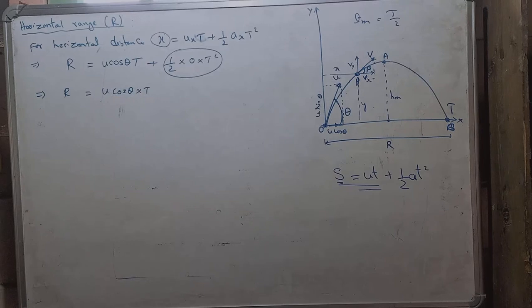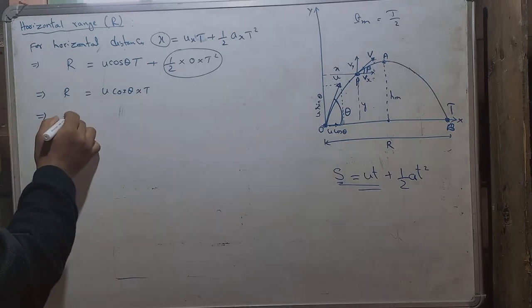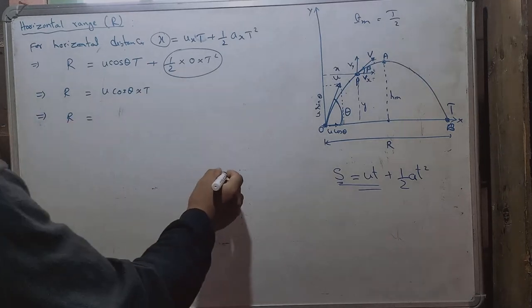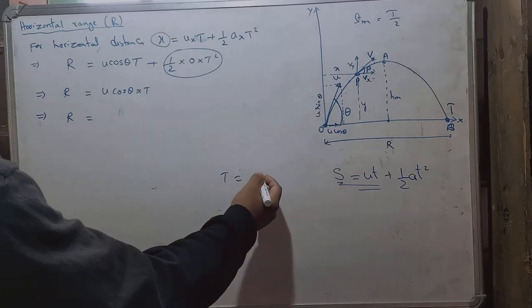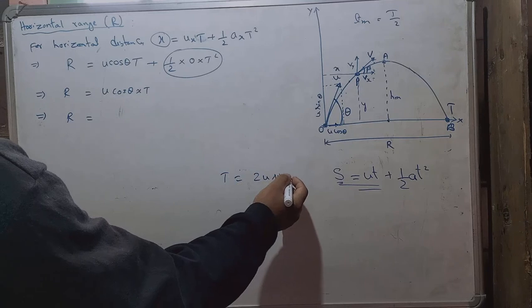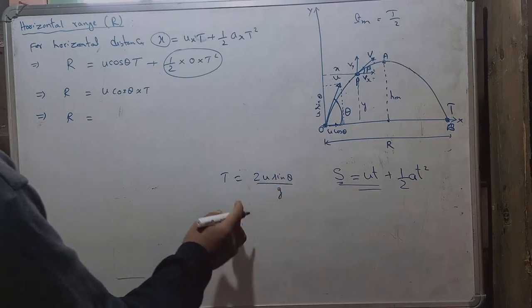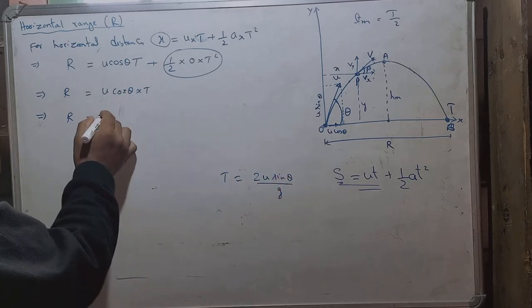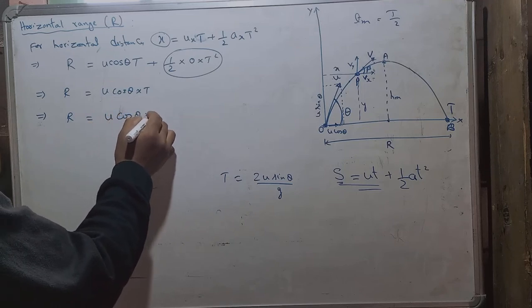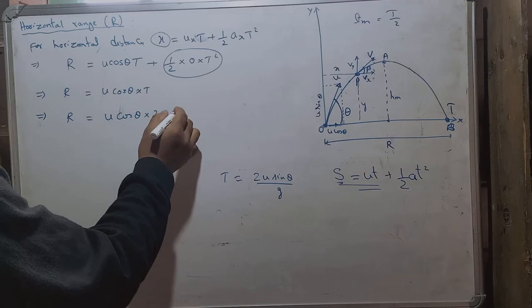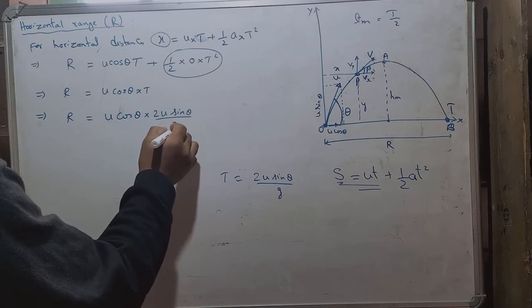But we have seen the expression for capital T, and T is equal to twice u sine theta upon g. So putting the value of T here, you will get R equal to u cos theta into twice u sine theta upon g.